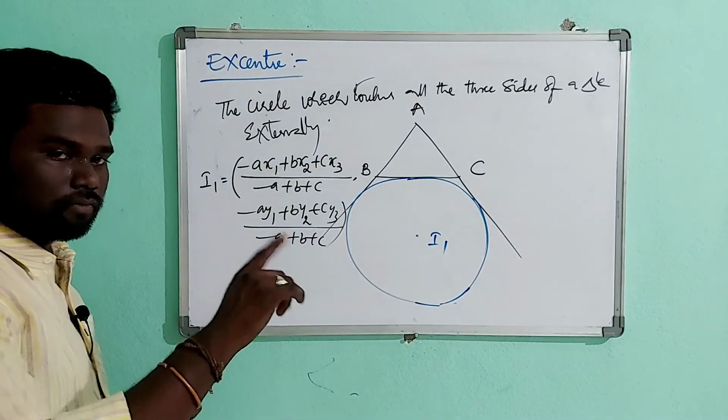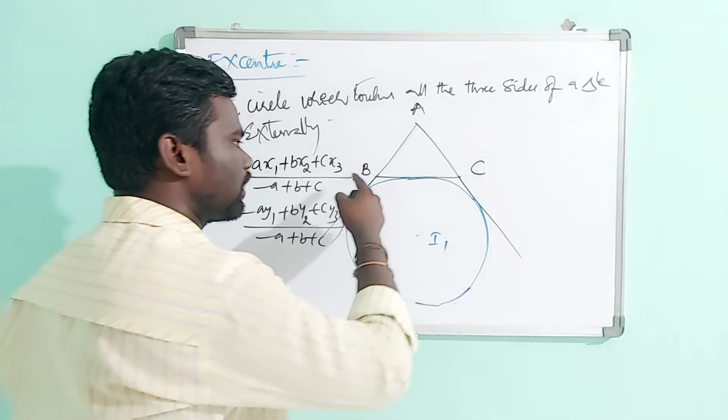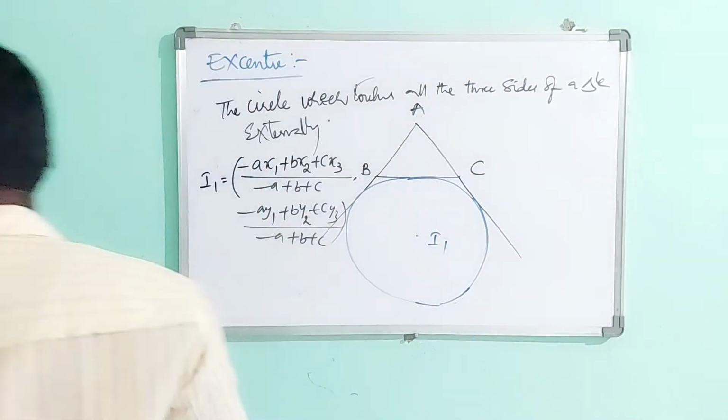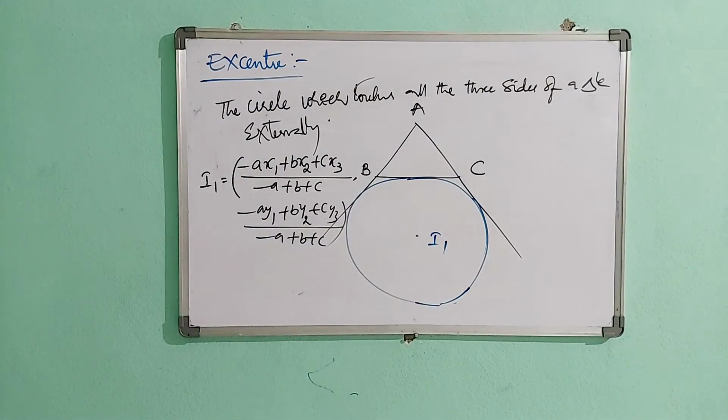Suppose you want to find I2, which means the Excentre opposite to the vertex B. So have a look.